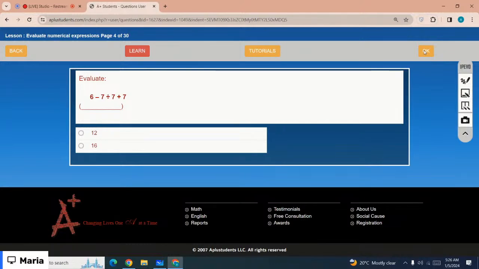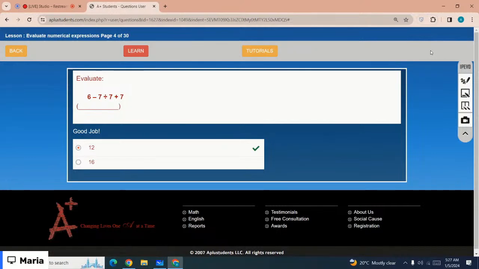You have to divide first, right? Yes, the correct option is 12.